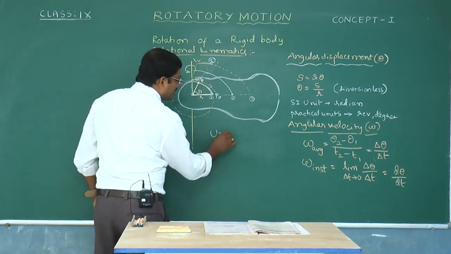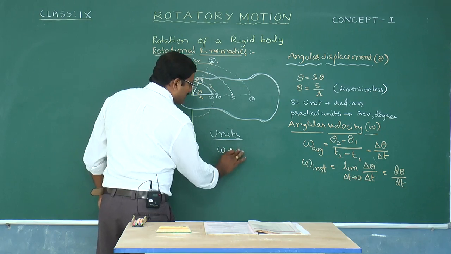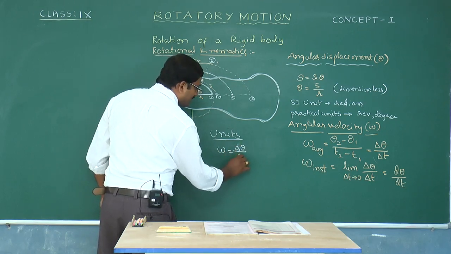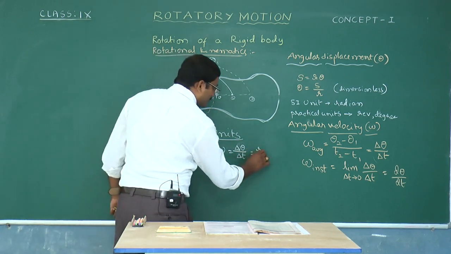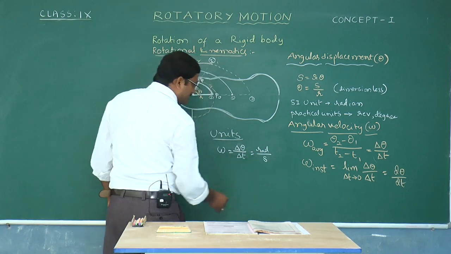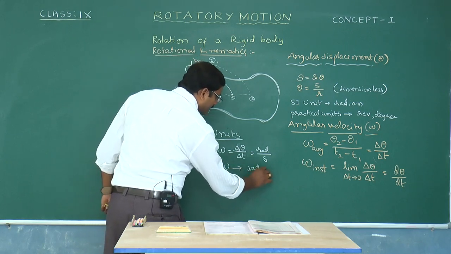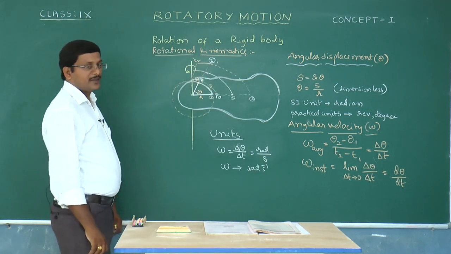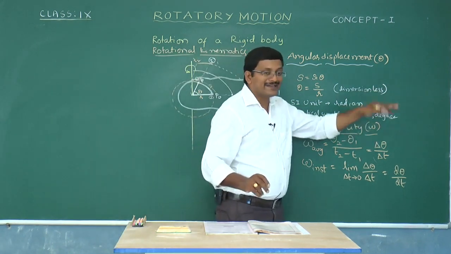As omega is equal to delta theta by delta t, with delta theta in radians and delta t in seconds, the SI unit of omega is radian per second. The practical units are revolutions per second or degree per second.